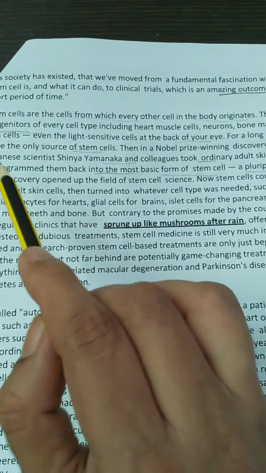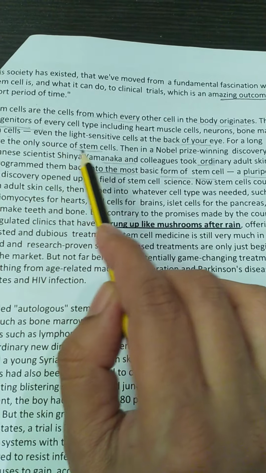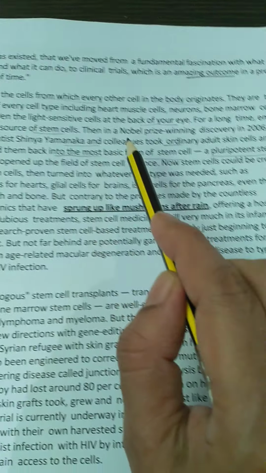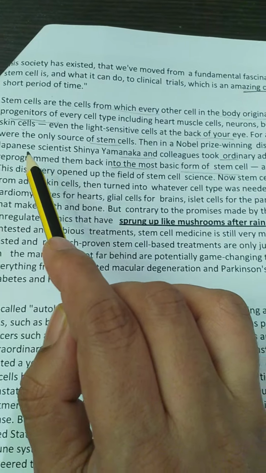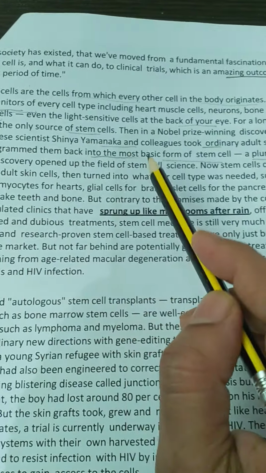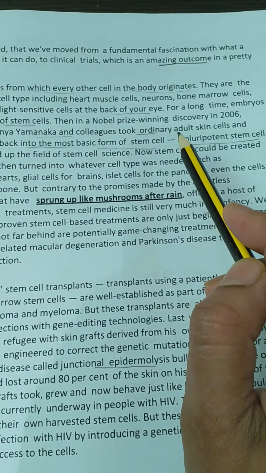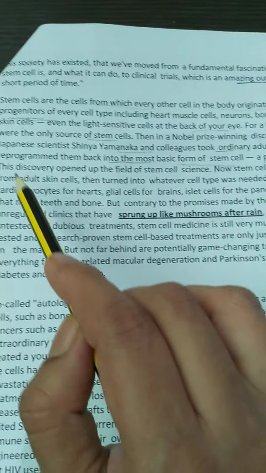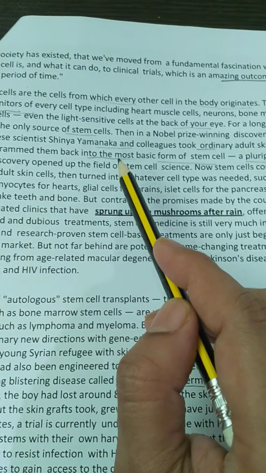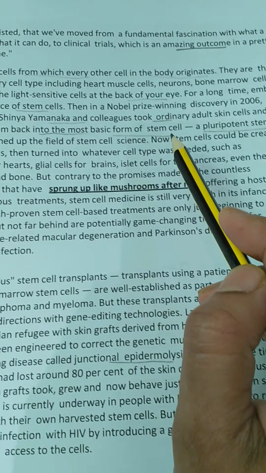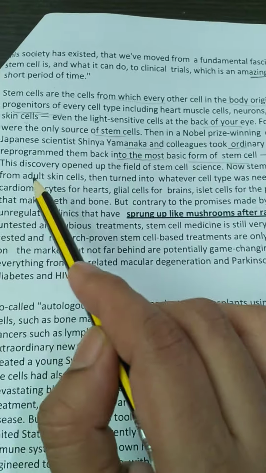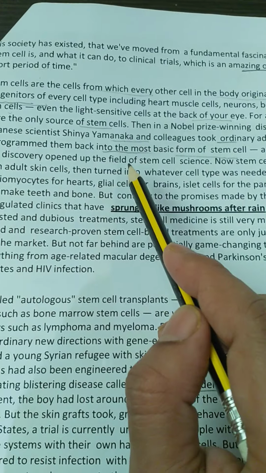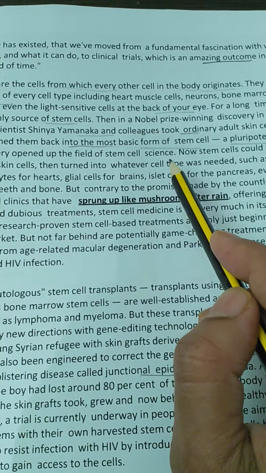For a long time, embryos were the only source of stem cells. Then, in a Nobel Prize winning discovery in 2006, Japanese scientist Shinya Yamanaka and colleagues took ordinary adult skin cells and reprogrammed them back into the most basic cell form of stem cell, a pluripotent stem cell. This discovery opened up the field of stem cell science.